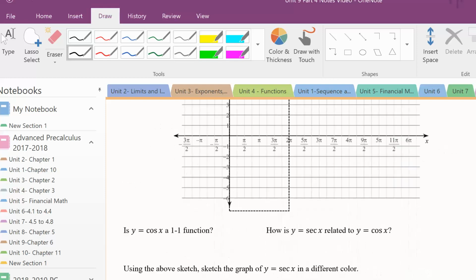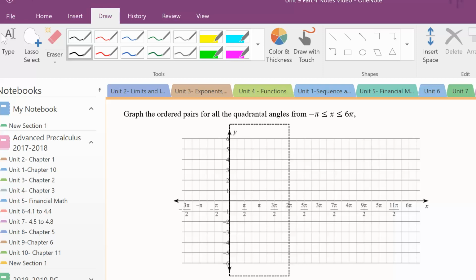And if we do the same thing going from negative pi to 6 pi, so at negative pi, it would be at negative 1, and then it'd go up, negative pi over 2 is 0, and then at 0 starts at 1, then it'd go down, so then the pattern just continues.